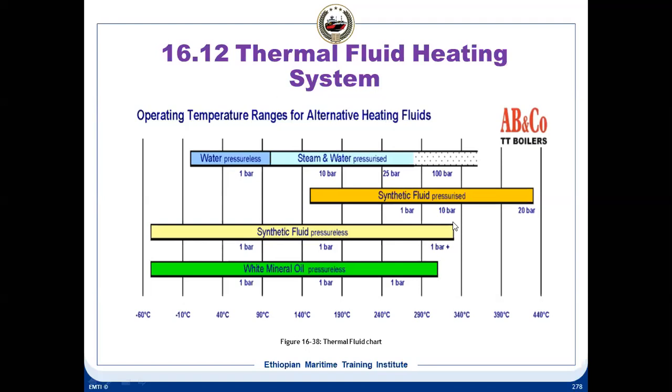If the exhaust boiler is very high up, then we should factor in the amount of discharge pressure which the pump should develop. So the system has to be designed accordingly. If the difference in height between the exhaust boiler and the pump is a lot, then the pressure will need to be more. But for the sake of our discussion, yes, at 1 bar pressure, we can achieve this temperature.